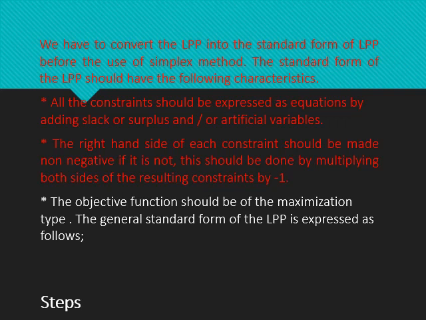This constraint should be multiplied by -1. The aim or the goal of multiplication by -1 is to preserve the inequality.